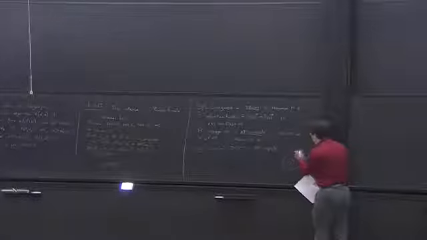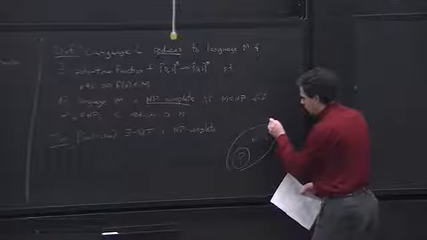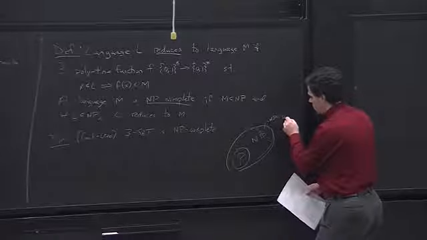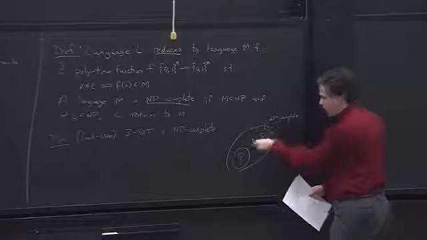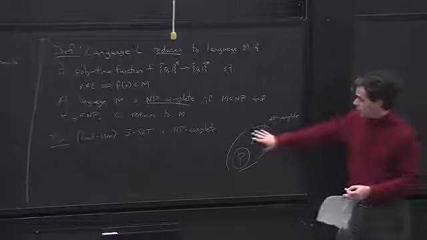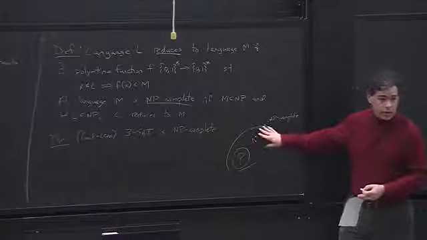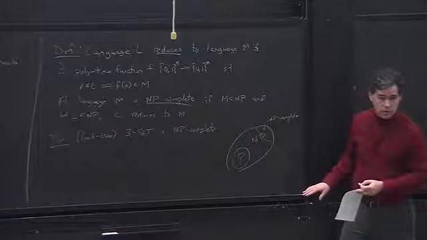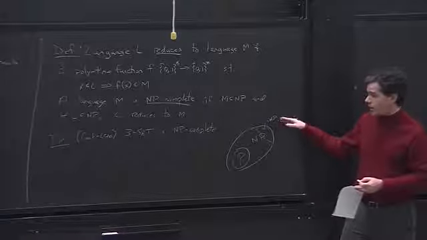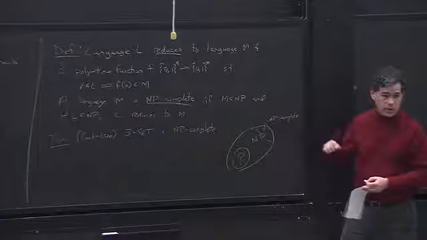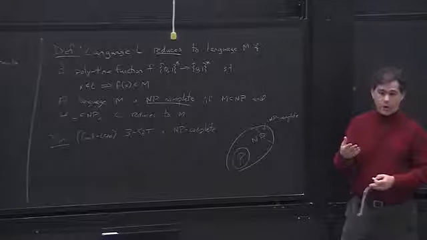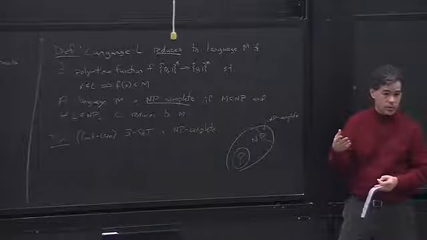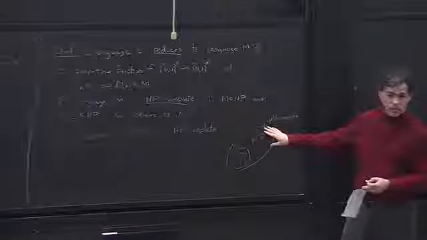And the NP complete problems would be over here, because if you can solve one of them, the whole thing would be inside P. But there do seem to be problems outside of P that are still in NP. And so proving that something is NP complete is considered very strong evidence that it's actually a hard problem, even though we can't actually prove that.